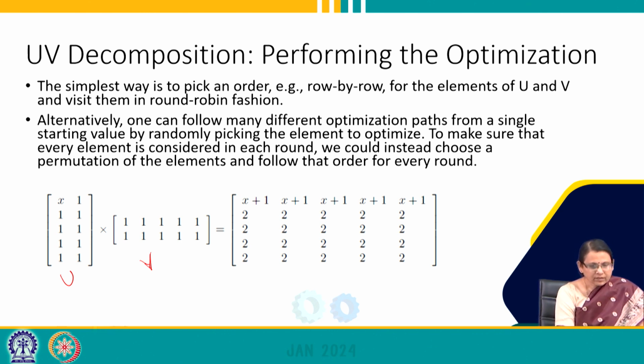To start with, we can choose any random element. Let us choose this random element x. Let us say this particular value we would like to update and replace it with a certain x, and the value of x we are supposed to find. Multiply these two, and the resulting matrix is this one.